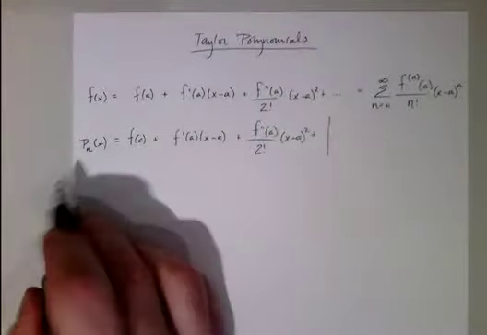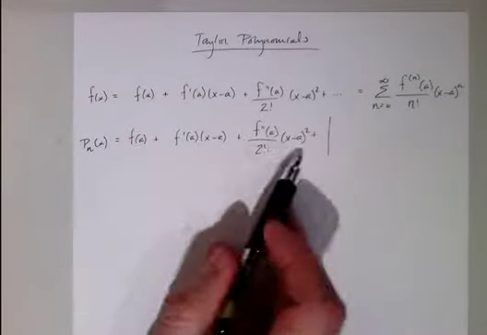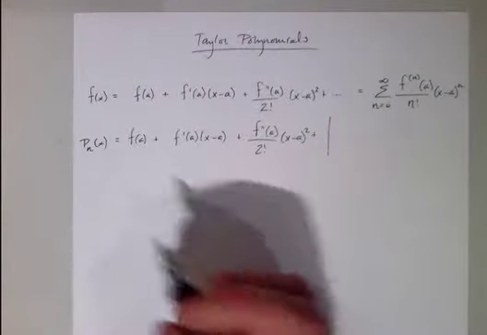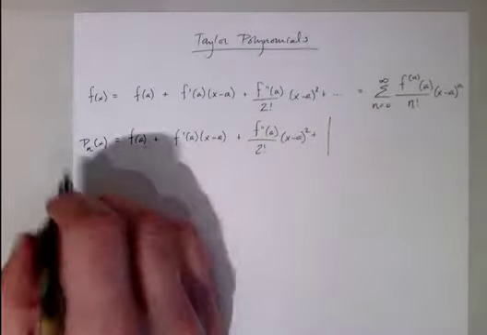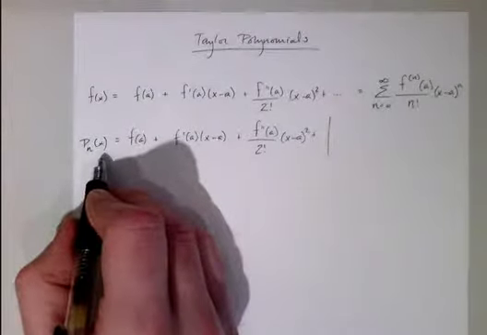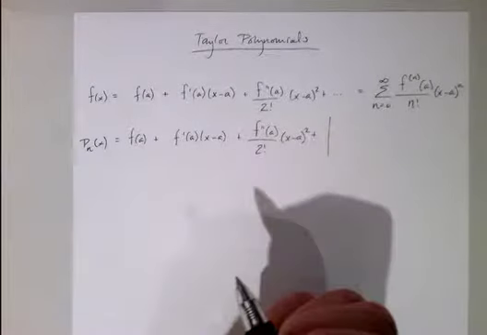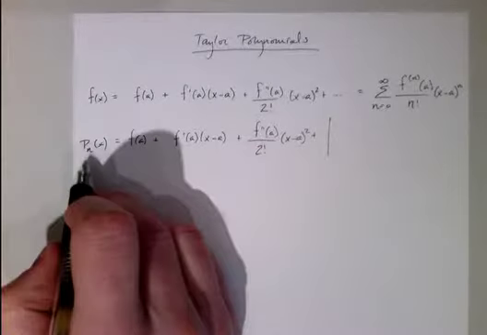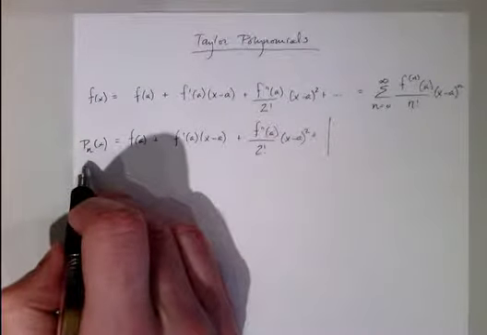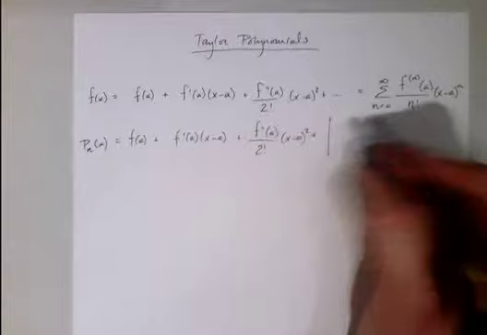And the n, of course, is how many terms it's gone out to. So if you're looking for the fifth degree Taylor polynomial of something, it would be p sub 5 of x. Now, obviously, there is a difference between f of x and p sub n of x: all the rest of the terms.